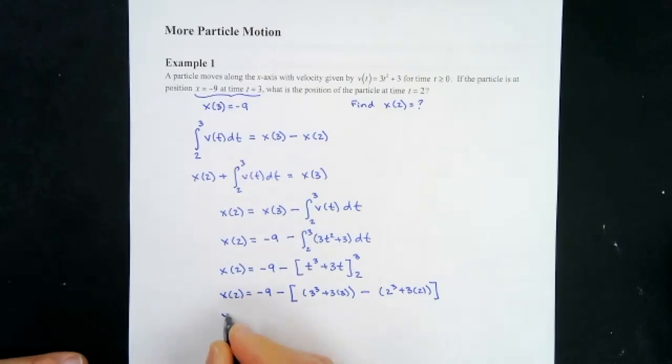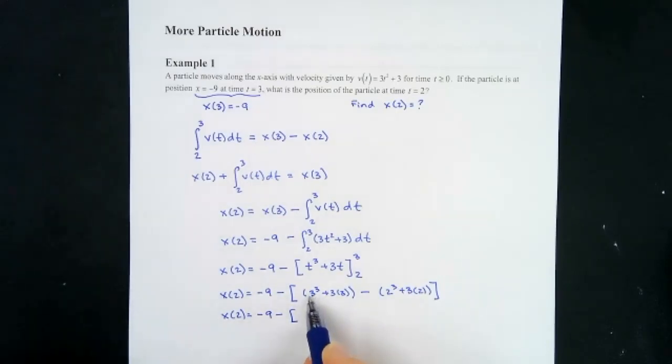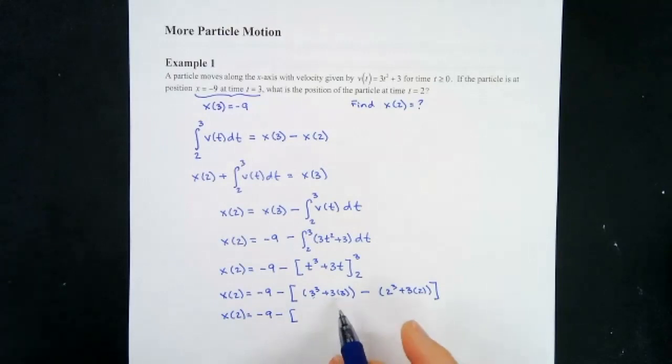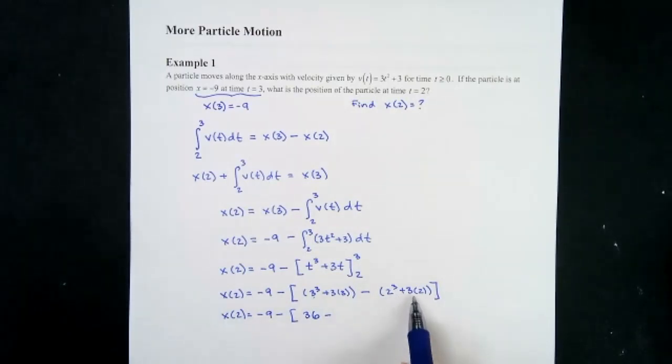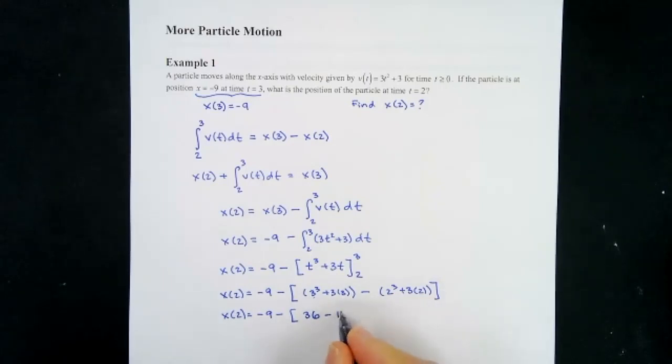So then x of 2 is going to equal -9 minus, and 3 cubed is 27 plus 9, which gives you 36. And then minus, 2 cubed is 8, and 3 times 2 is 6, so this would be 8 plus 6, which is 14. So I'm going to subtract 14 from this.